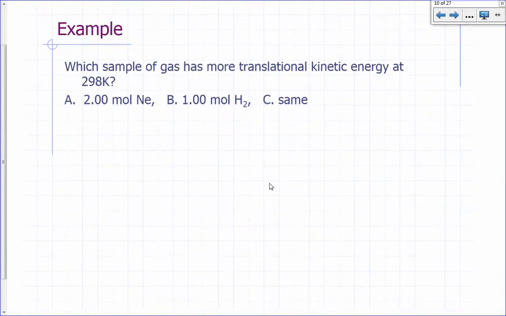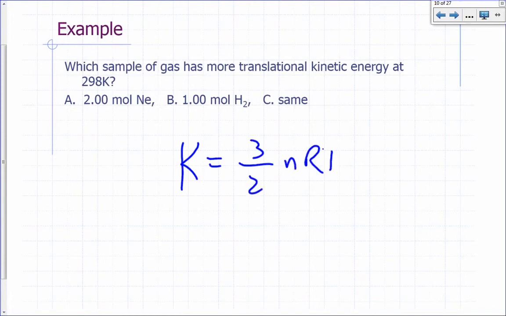Right. So which sample of gas has more translational kinetic energy at 298 Kelvin? 2 moles of neon, 1 mole of H2, or is it the same for both? Let's see. What's a formula for translational kinetic energy? It's 3 halves nRT, right? We're just dealing with translational kinetic energy here.